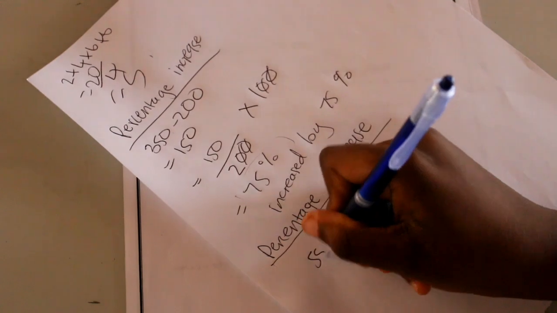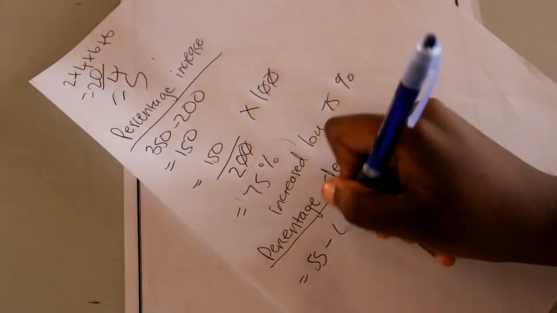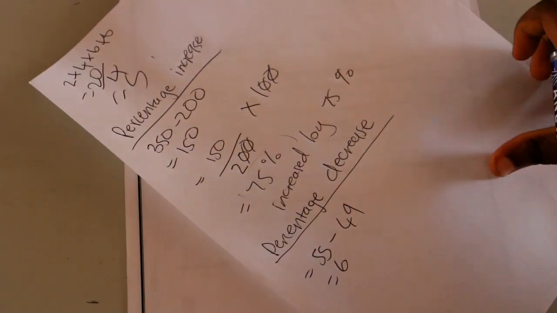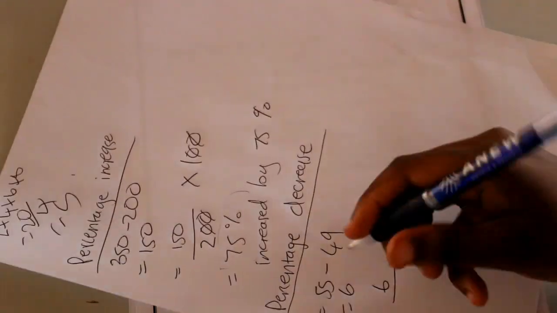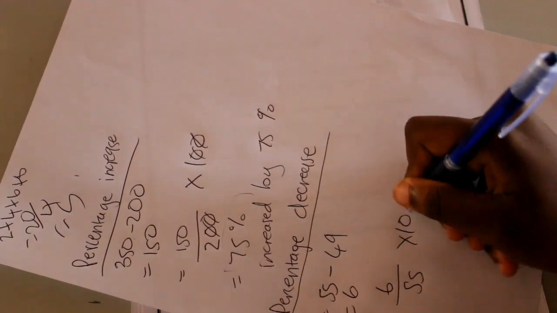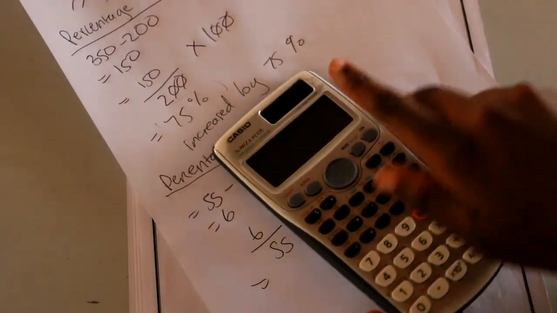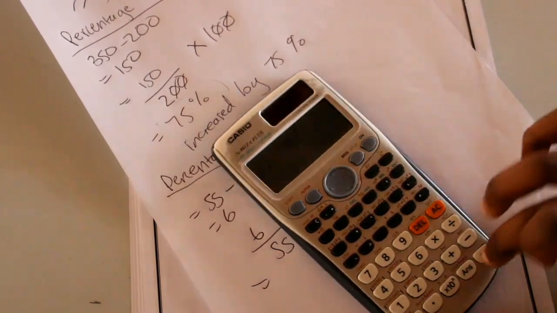It's 55, always take the big number, 55 minus 49, which gives us 6. Now we divide the difference by the initial number. Initially she weighed 55, so 6 over 55 times 100. I take my calculator: 6 divided by 55 times 100.